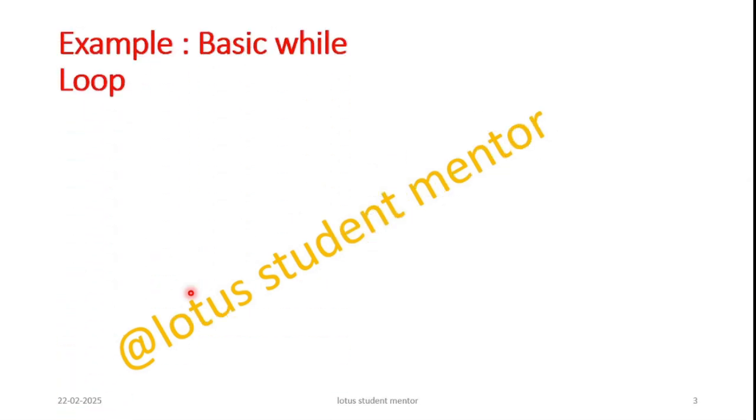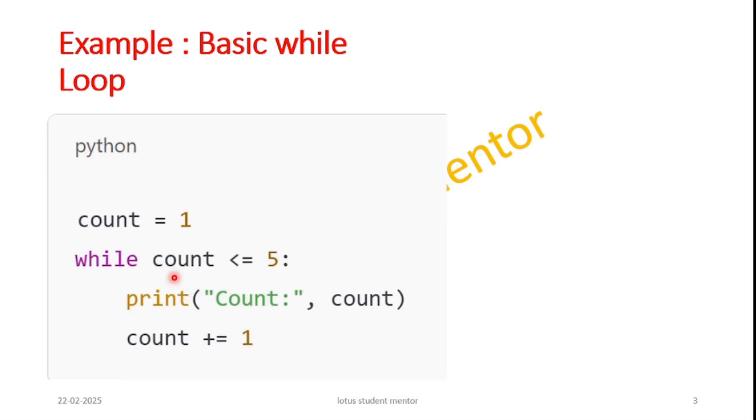Let us take a simple example using a while loop. In this Python program, we have count equal to 1, while count is less than or equal to 5. Here, count equal to 1 is initialization, count is less than or equal to 5 is the checking, and it prints count 1, count 2.